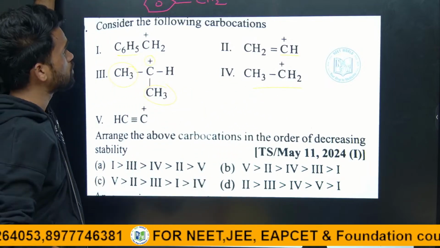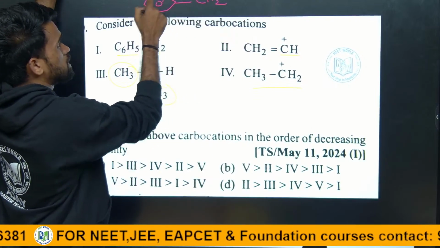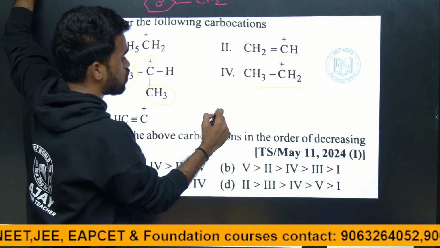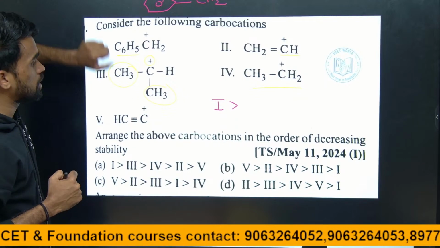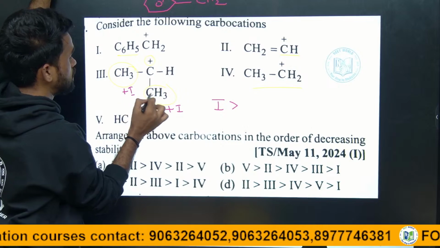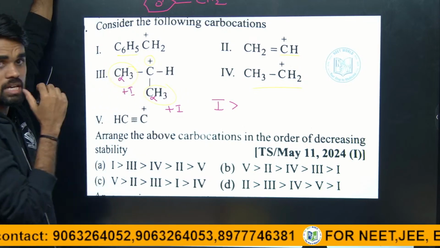Now look here, what is the stabilizing factor? We have mesomeric effect by these pi electrons, resonance effect I can say, therefore this first one is the more stabilized carbocation. Then next, 2 alkyl groups are there, so 2 plus I groups are there, and these are the 2 alpha carbons, and hydrogens are alpha hydrogens.